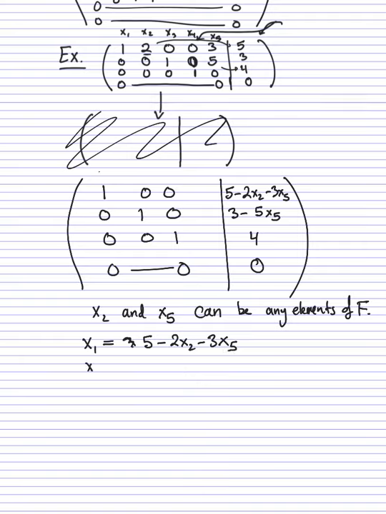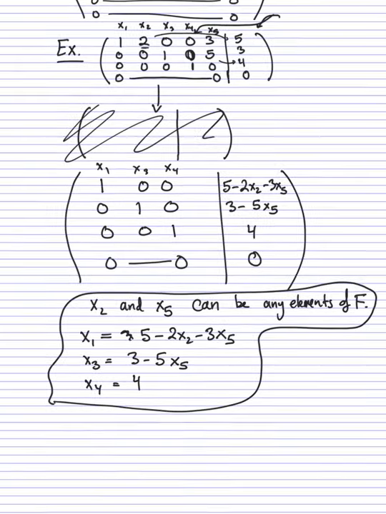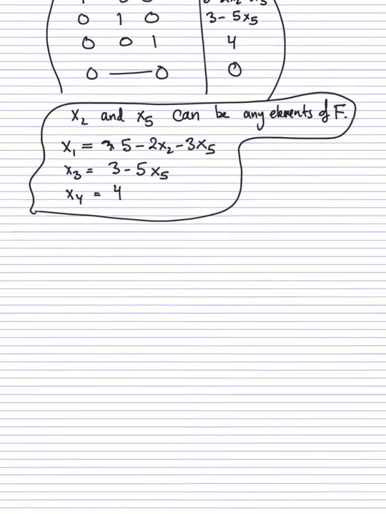And you have to remember now this is x1, x3, and x4. x3 is equal to 3 minus 5x5, and x4 has to be 4. Okay, so that's the general description of the solutions. I could write these equations in equivalent ways, but that's the general formula.